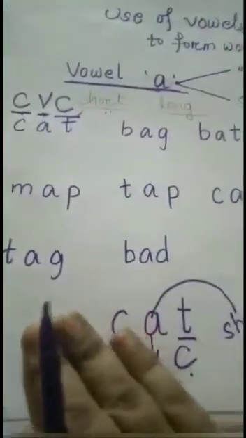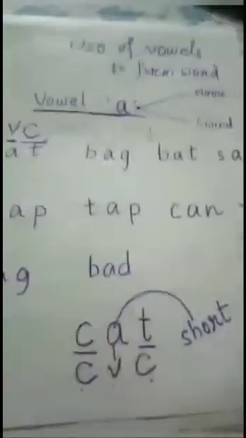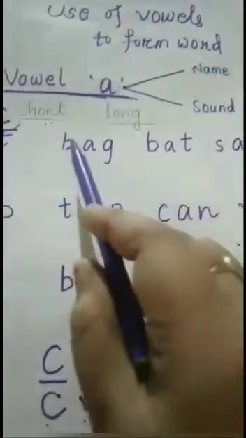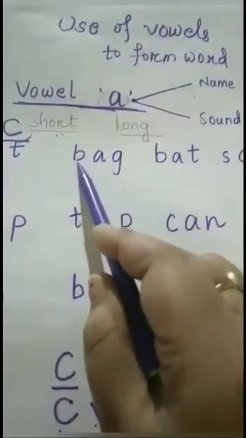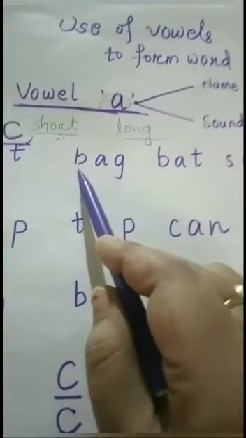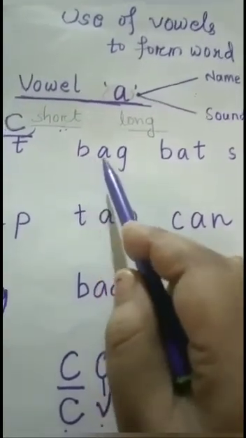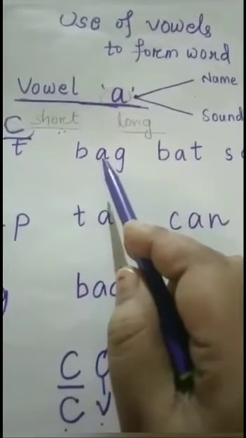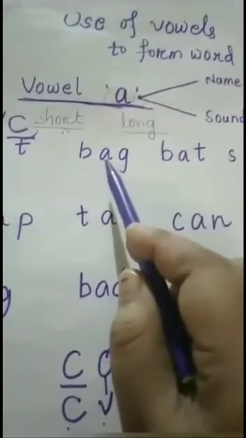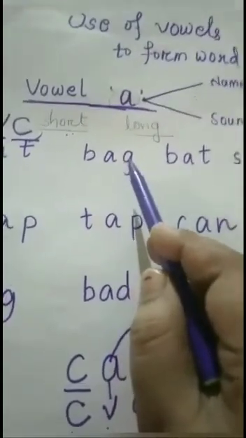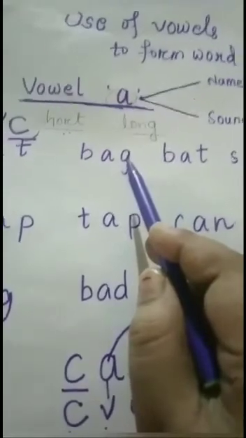Some other words are also there. I have written them. Let's read them. What is the sound of B? B, b, b. What is the sound of A? The short sound of A is a. And what is the sound of G? G, g, g.